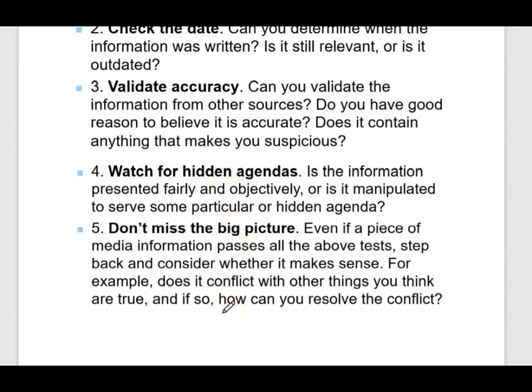Even if a piece of media information passes all the above tests, step back and consider whether it makes sense. For example, does it conflict with other things you think are true? And if so, how can you resolve that conflict? When you pull a small piece of information out, you've got to make sure that it makes sense in the big picture, or else someone might be telling you a falsehood.